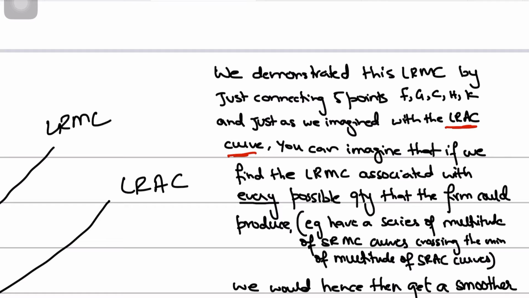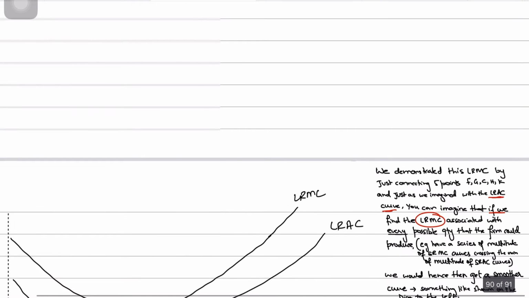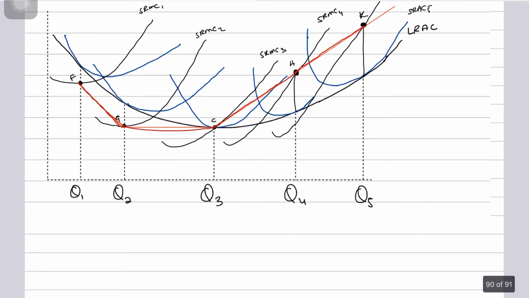So you can imagine that if we find the long run marginal cost, look at this point F: through point F we found the long run marginal cost at a quantity of Q1.